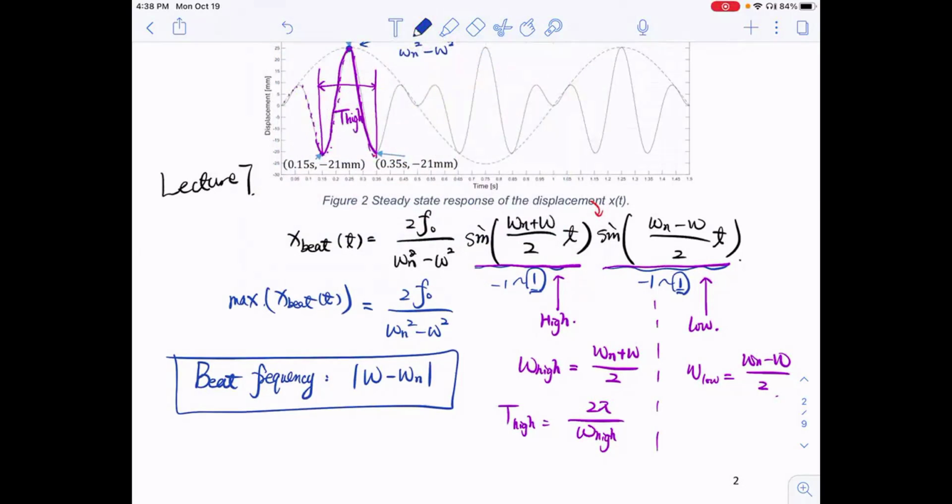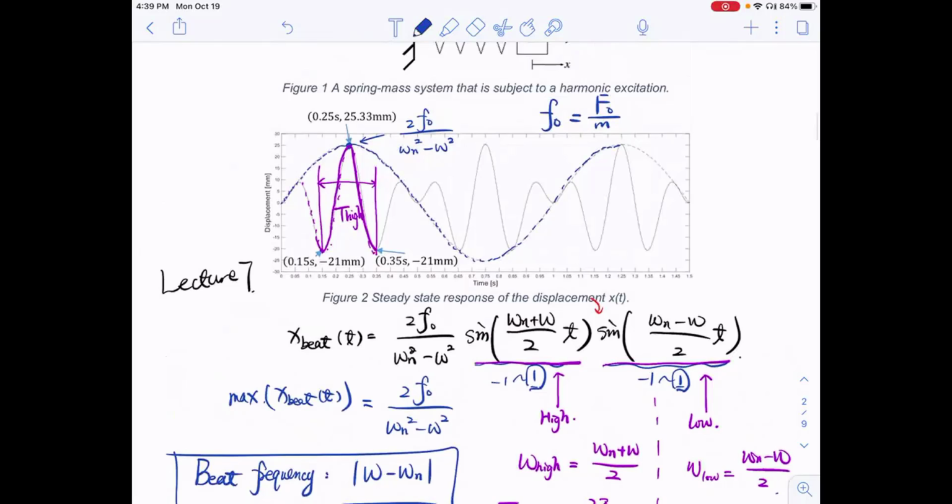The low frequency component is in the amplitude. That means the amplitude of the high frequency signal is changing gradually over time. This is your omega low, so the low period is 2 pi divided by omega low.